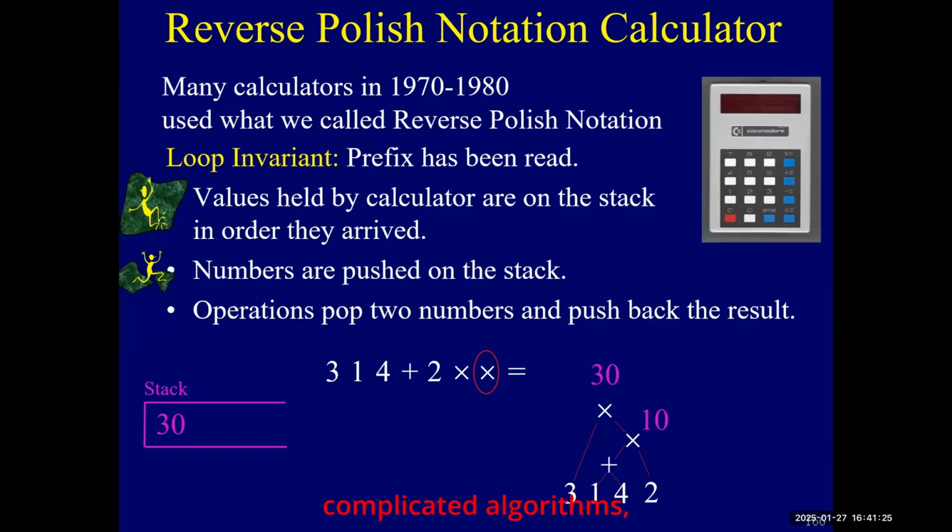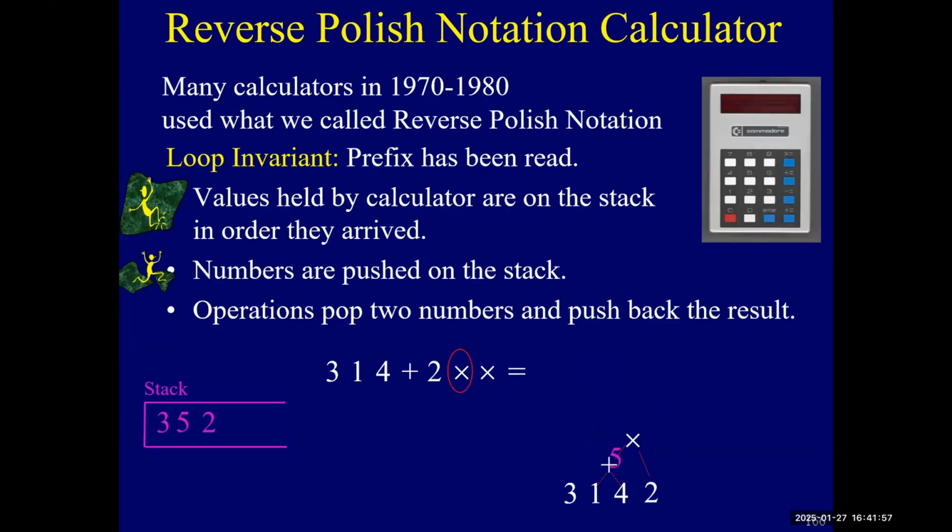Again, you can have very complicated algorithms, but if you define the loop invariant, what would the loop invariant be in this case? I'm building up these little trees, and every separate tree has been evaluated, and the values of those separate trees are on the stack, right? Everybody good?